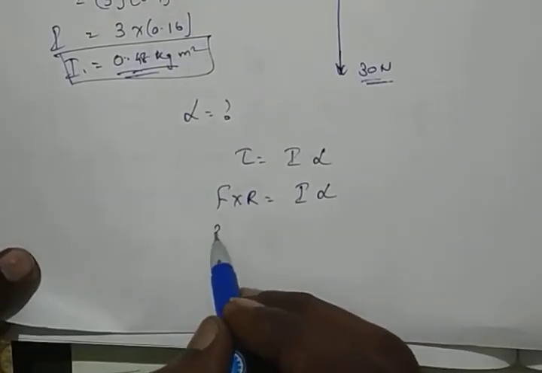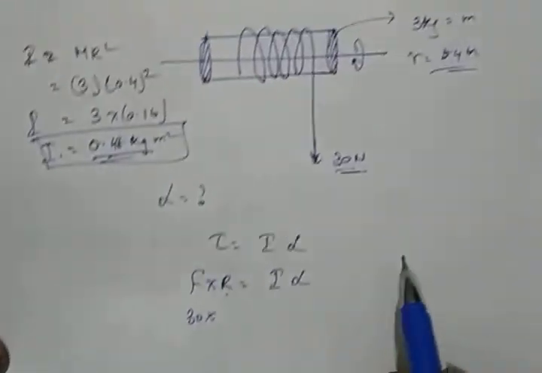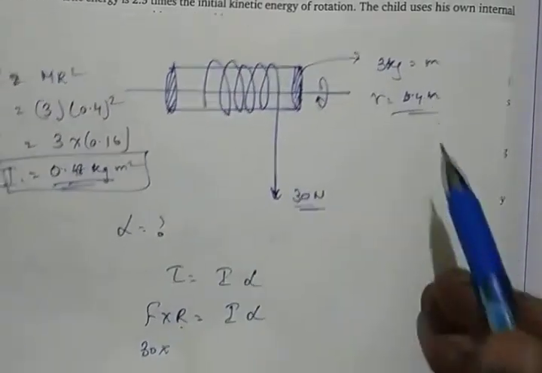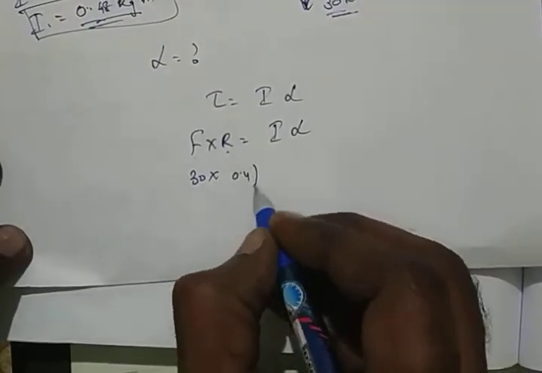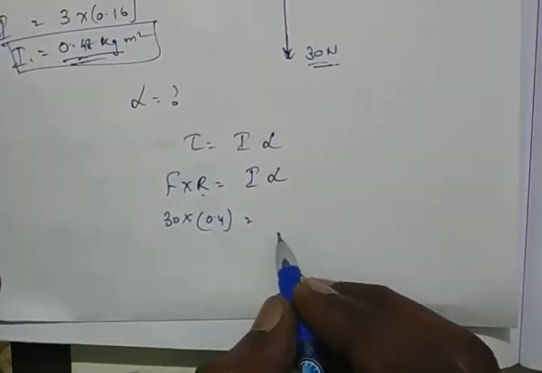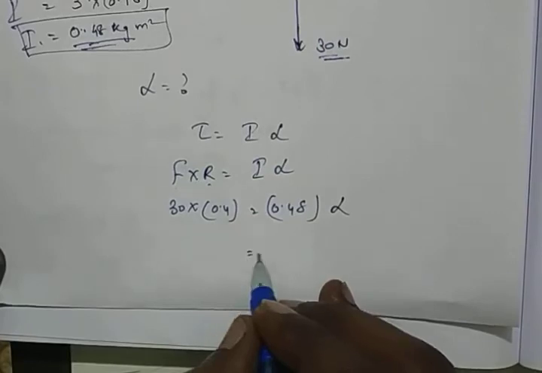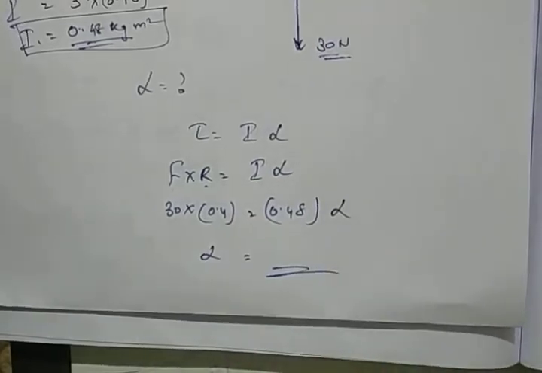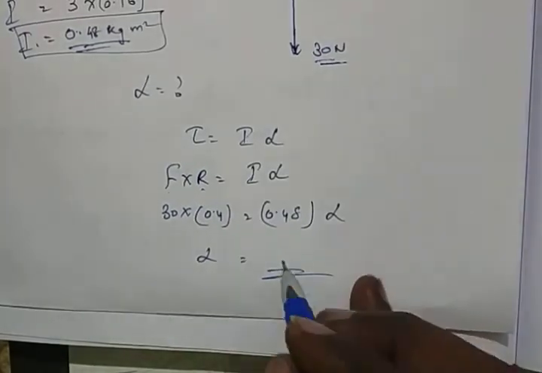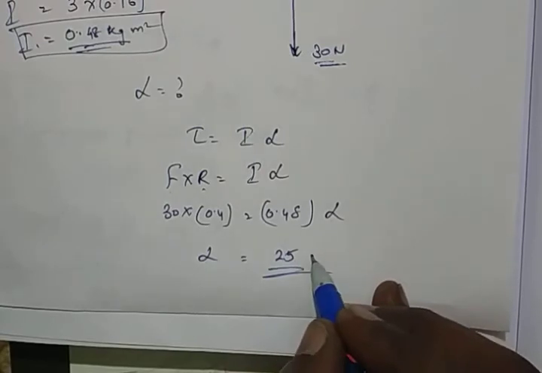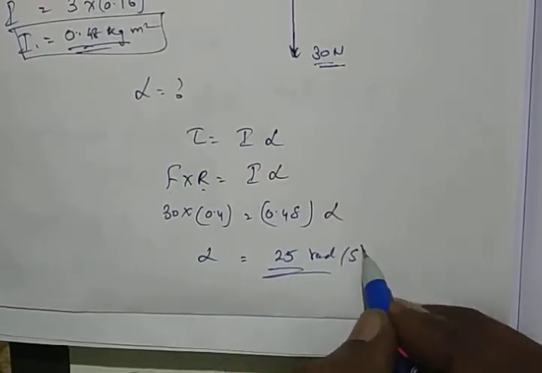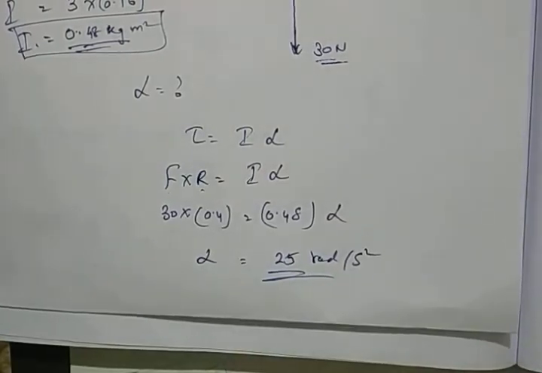What is force? 30 newtons. What is the radius? Radius is 0.4. That is equal to what is the I value? 0.48, and alpha. So find out the value here. That's all. So it's going to be equal to 25 radians per second square. That's what the answer is.